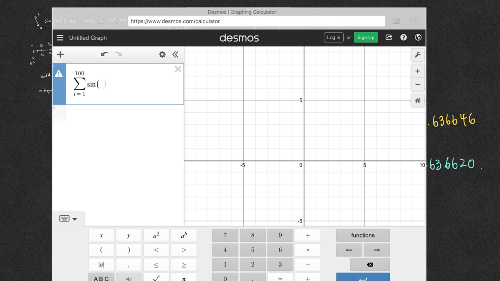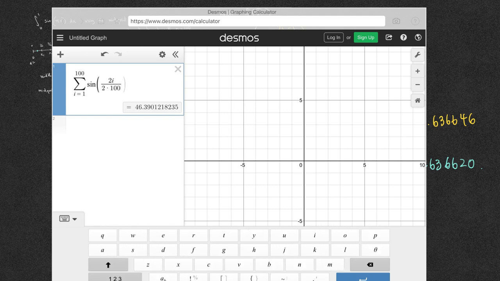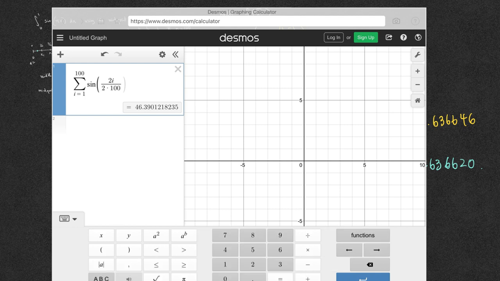The argument of sine is (2i minus 1) over 2n. We set up the fraction first. The denominator that we had earlier was 2n, but n is 100. The numerator is 2i minus 1. We simply type 2i minus 1 in the numerator.